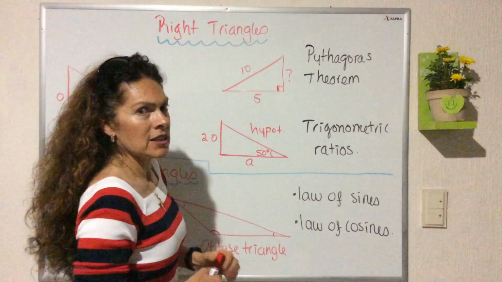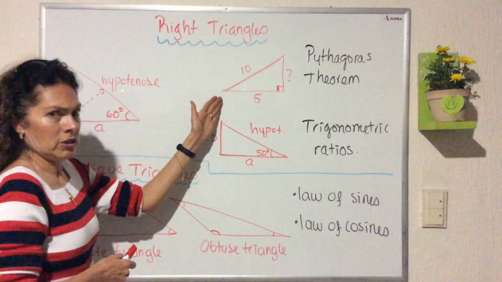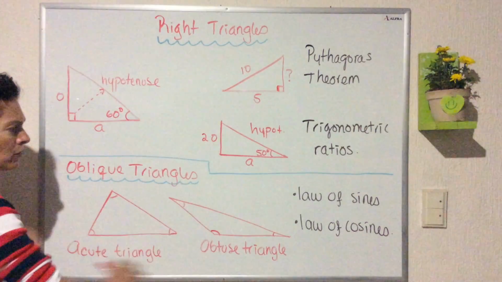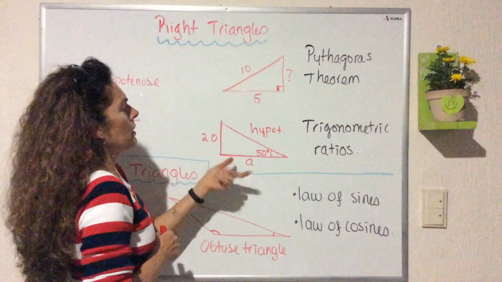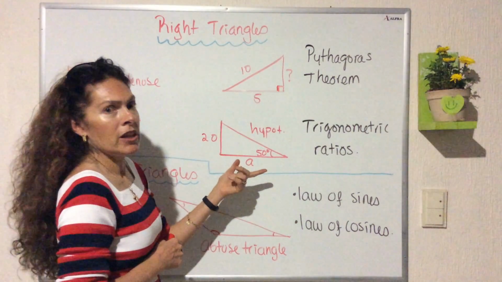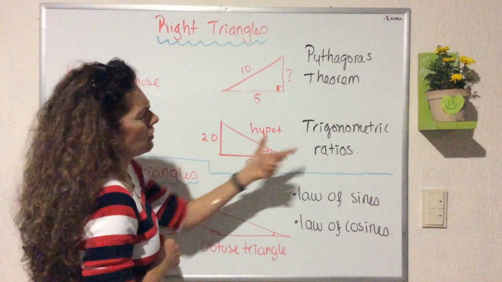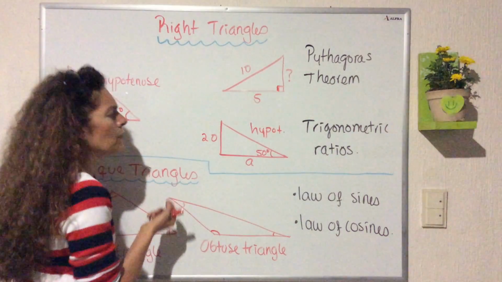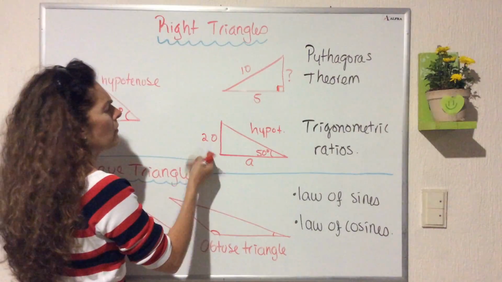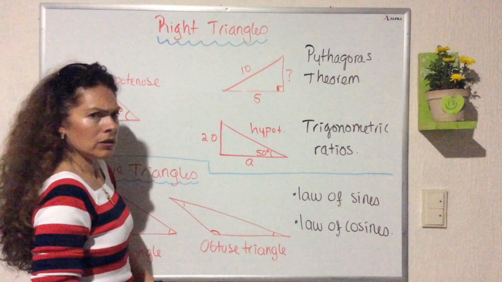So we use the Pythagoras theorem, but remember, just when we talk about right triangles, not when we talk about oblique triangles, okay? We also learned how to solve right triangle problems with trigonometric ratios, where, for example, in this case, we have the measure of this side and the measure of the angle.